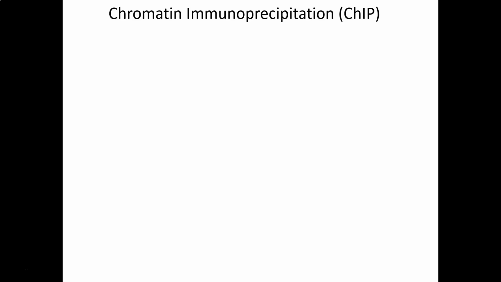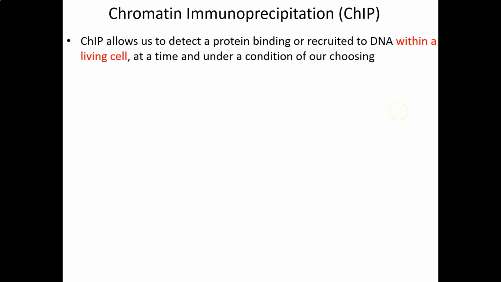So in order to get a more in vivo approach and begin to be able to measure and understand how and if and when proteins bind to specific DNA sequences in a living cell, we turn to chromatin immunoprecipitation, or ChIP. So again, ChIP is going to allow us to detect a protein being bound or recruited to DNA within a living cell at a time and under whatever condition we choose to subject those cells to as the experimenter.